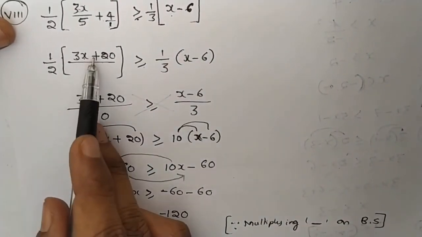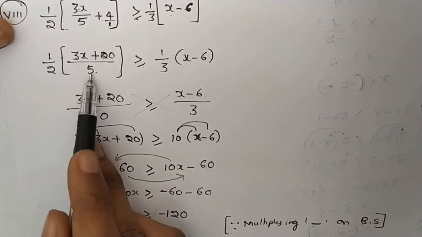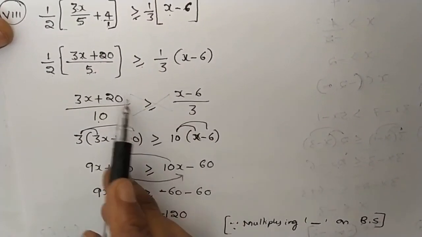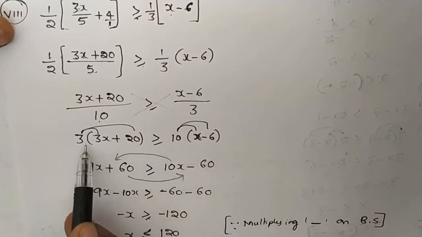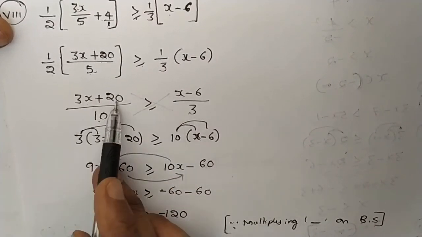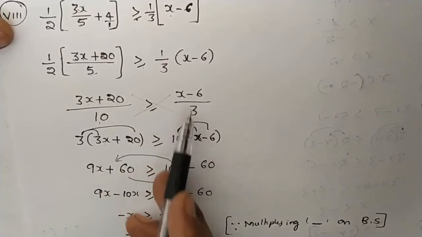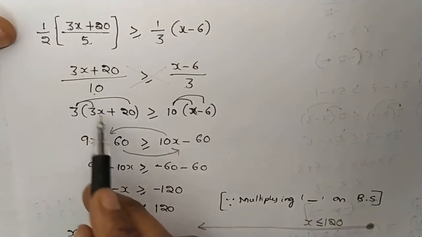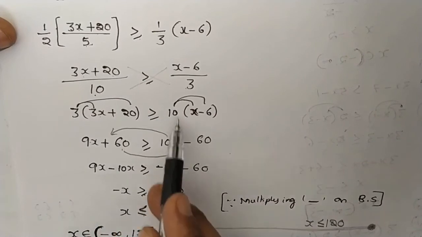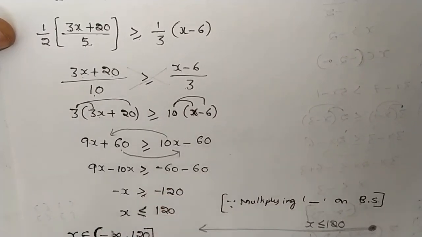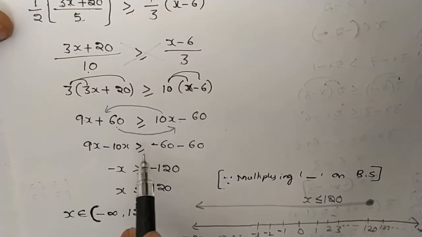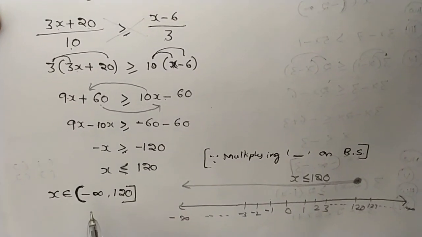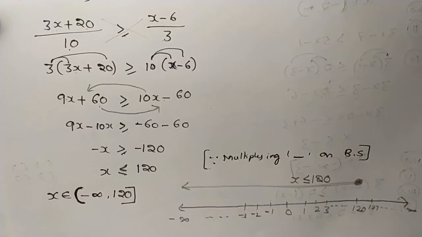Next, 3x plus 20 divided by 2 into 5 is 10, greater than or equals to x minus 6 by 3. Next, I took cross multiplication. 3 into 3x plus 20 is greater than or equals to 10 into x minus 6. Next, 3 into 3 is 9x, 3 into 20 is 60, greater than or equal to 10 into x minus 60. After that, I simplified, as you know. Finally, we will get the solution set.